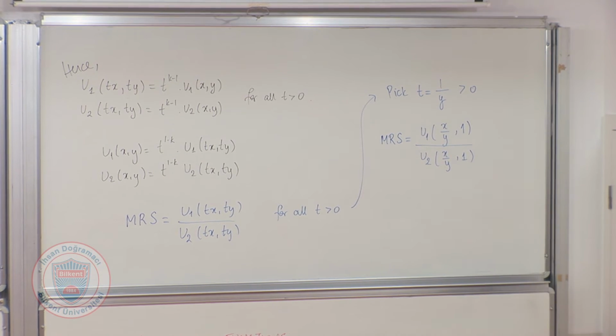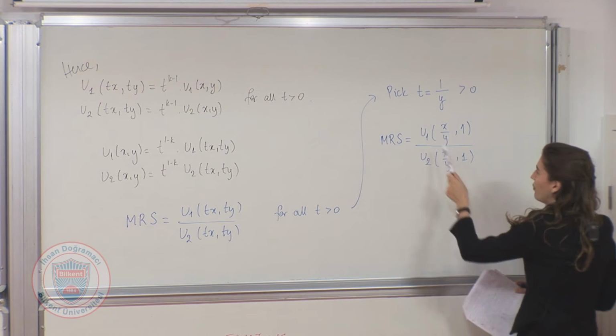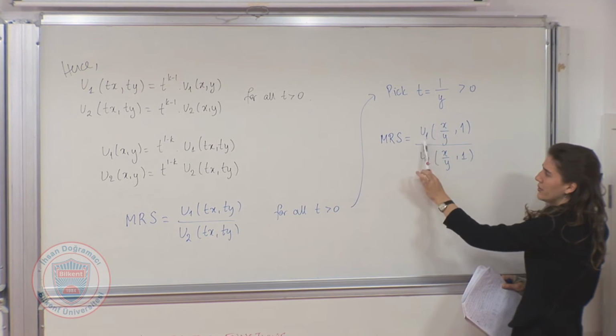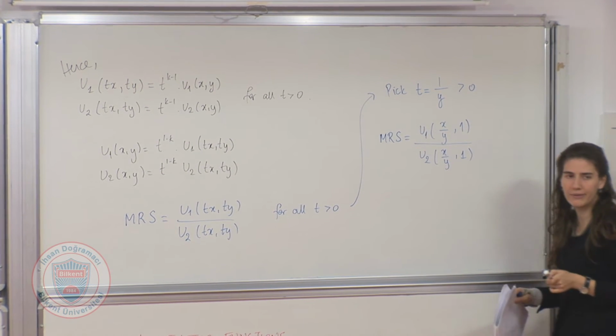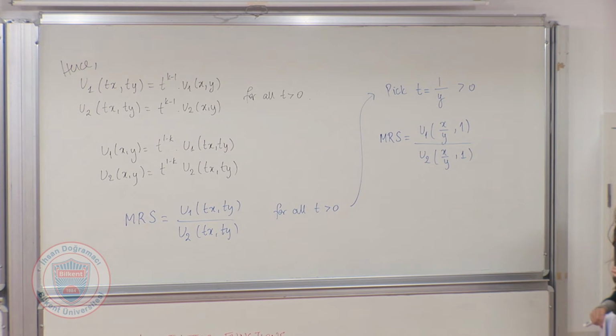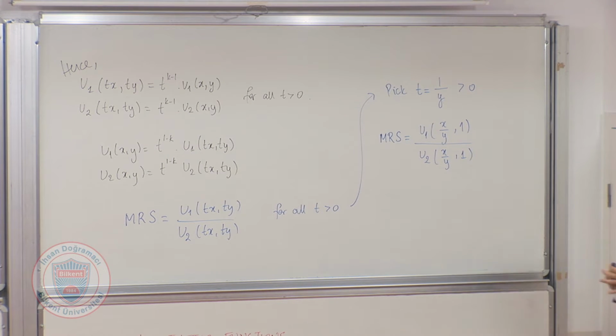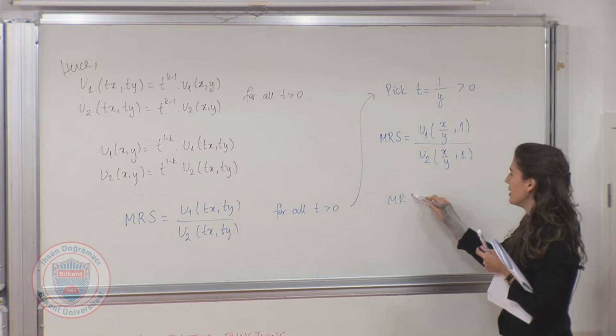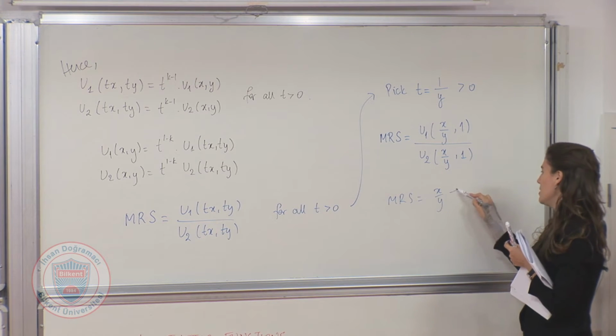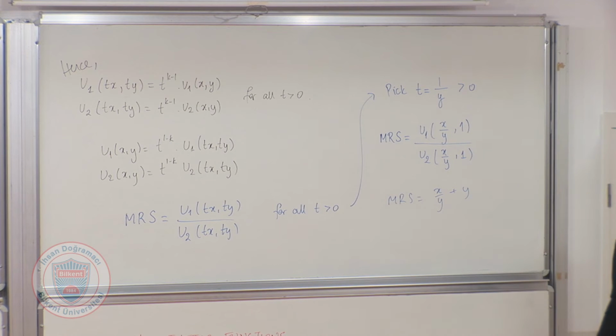You see, this marginal rate of substitution is actually a function of only x over y. Of course, it's going to be a function of this functional form U1 or whatever, but if the function is homothetic, you won't have an MRS like x over y plus y, for instance, okay?